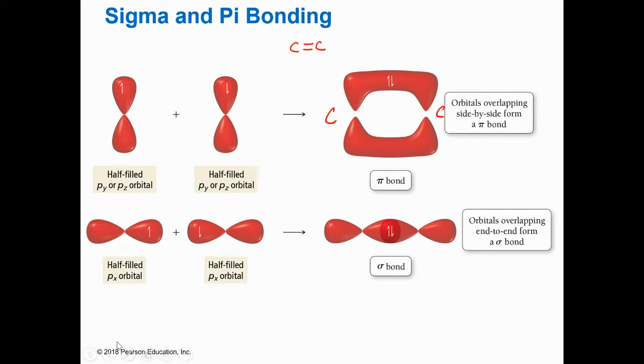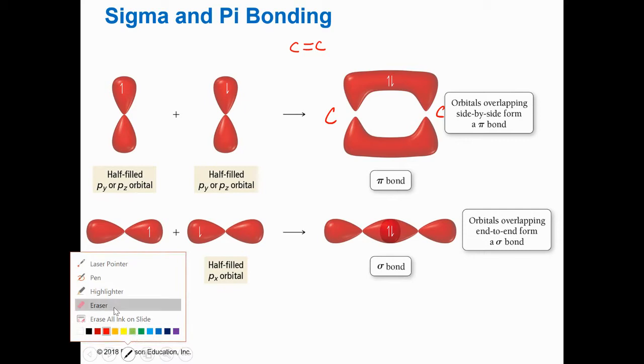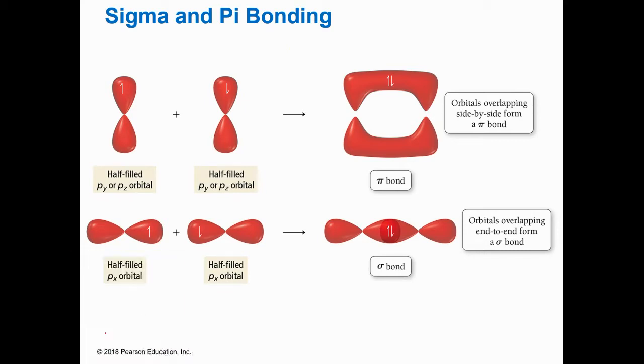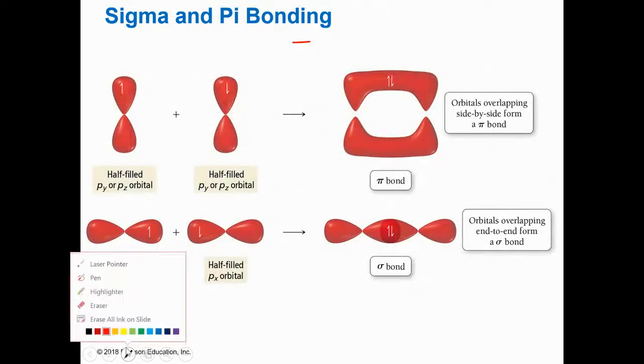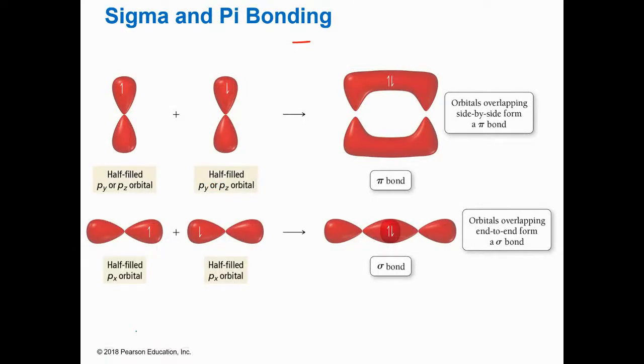And actually, let me color code this. Okay, those are my double bonds, and they're going to be between 2 carbons. I'm totally just using this as a generic example.